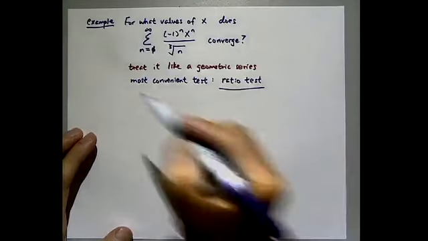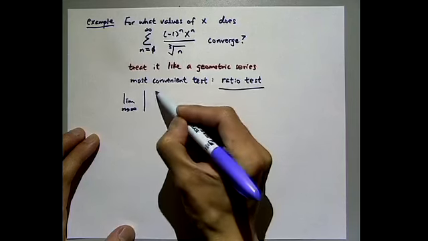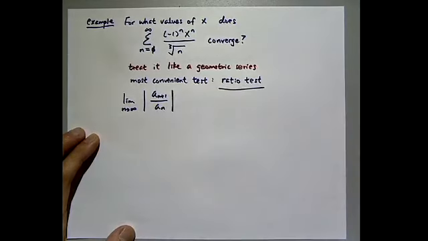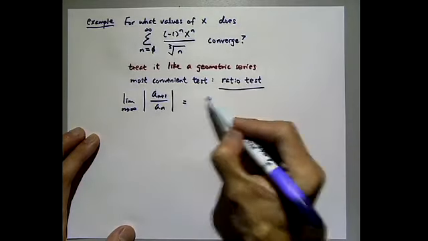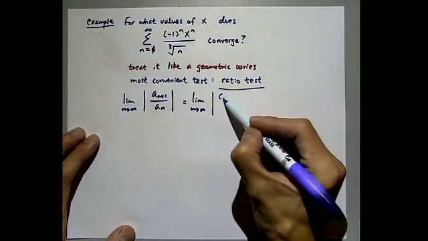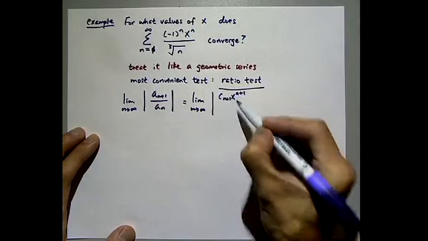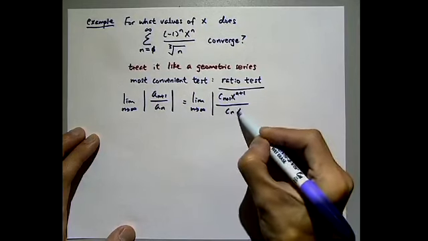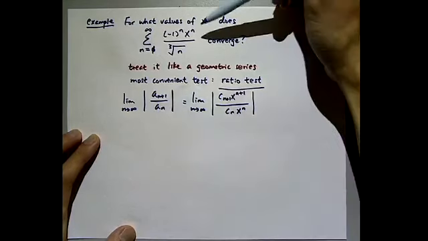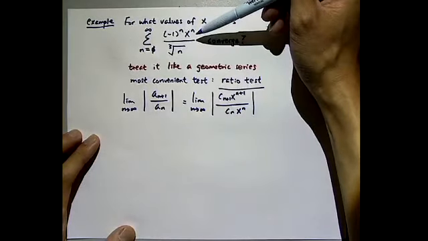Okay, remember, here's the old form of the ratio test. But here, things change a little bit, just a little bit. Because each of these a_n, in this context, is the coefficient times x to the n.